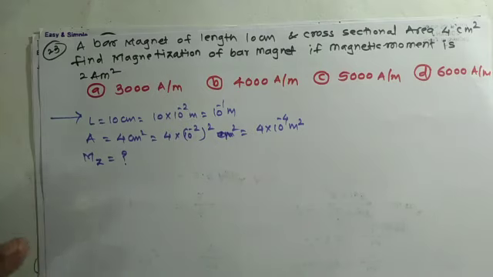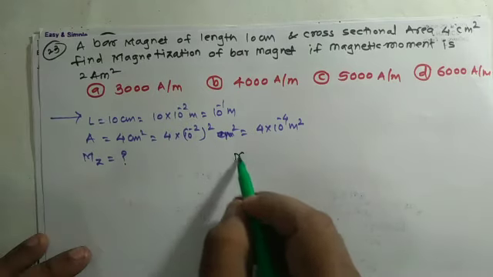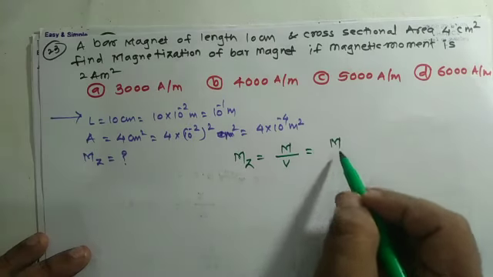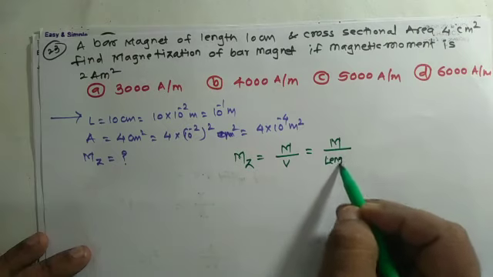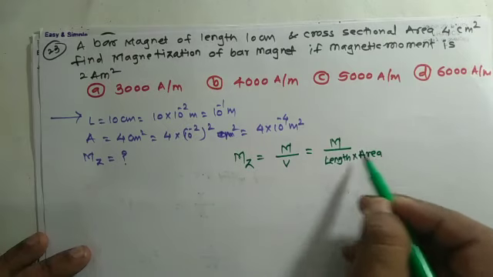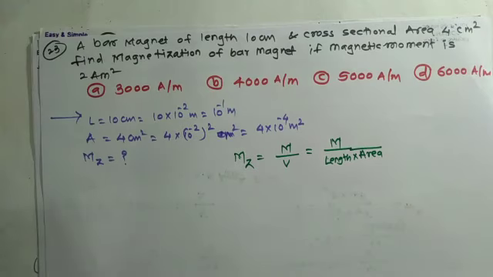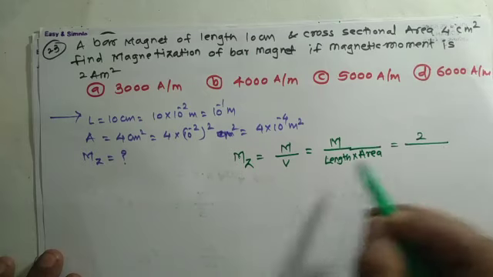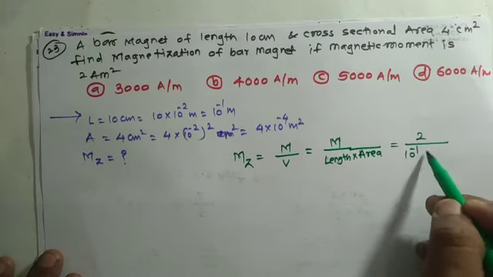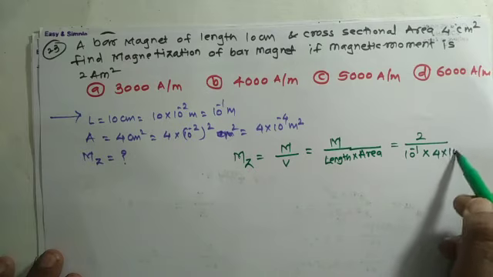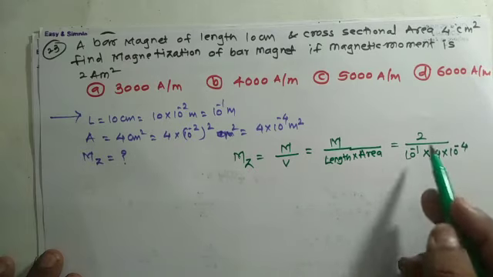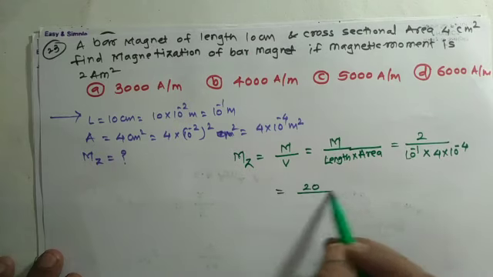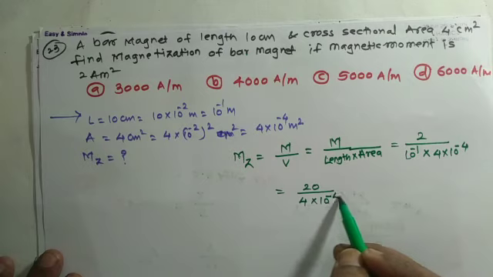First of all, we use the formula for magnetization. Mz is equal to M upon V, which can be written as M upon length multiplied by area, because volume is the product of length and area. So magnetic moment is given as 2, and length is 10 raised to minus 1 multiplied by 4 into 10 raised to minus 4. If 10 raised to minus 1 is shifted to the numerator, it becomes 20 upon 4 into 10 raised to minus 4.